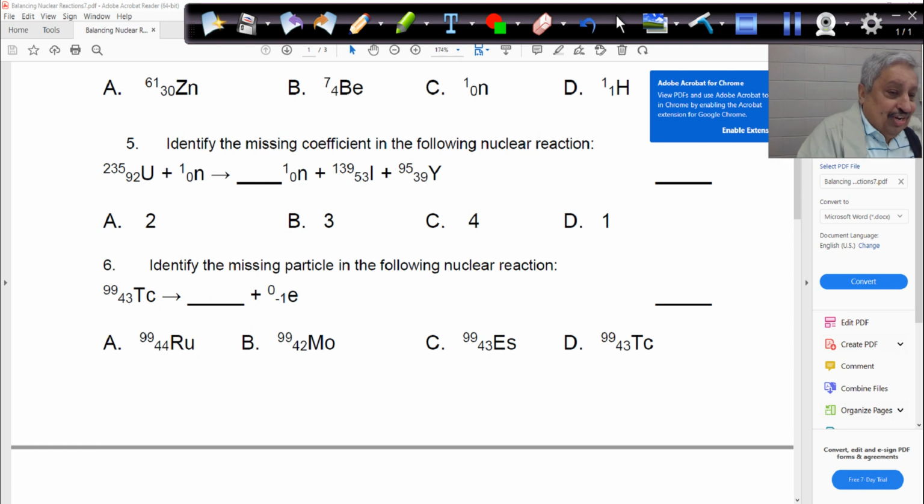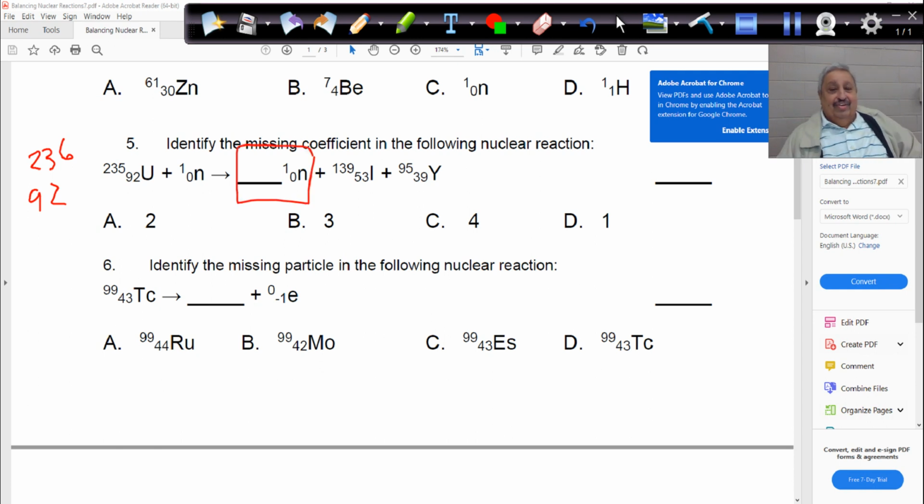So 235 plus 1, how much do we have? 236, correct, on the left side. And at the bottom, how much? 92. Now calculate for me: 95, keep this one aside, and 139. How much is it? 234.